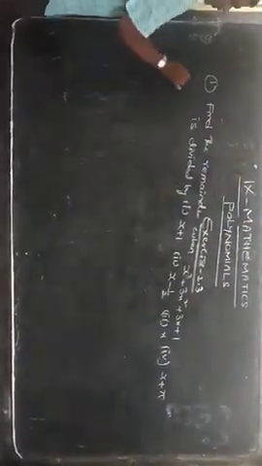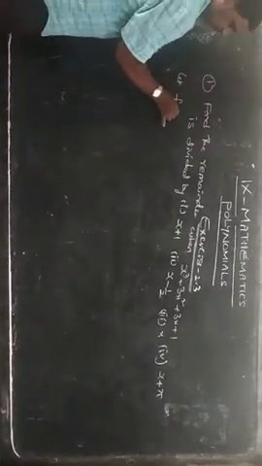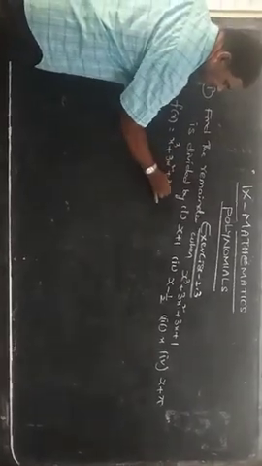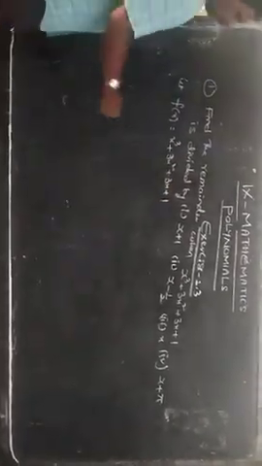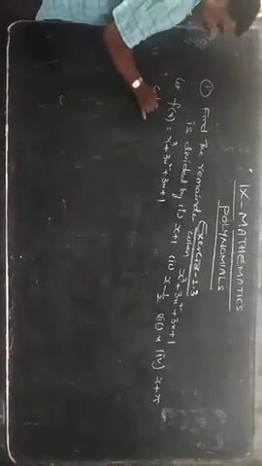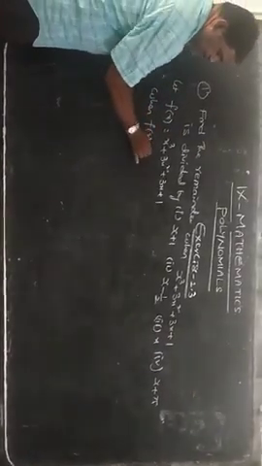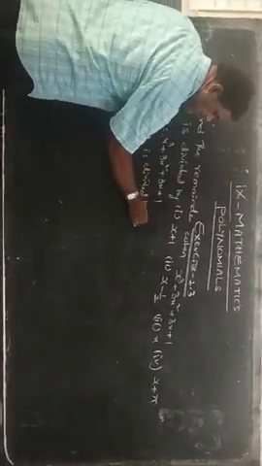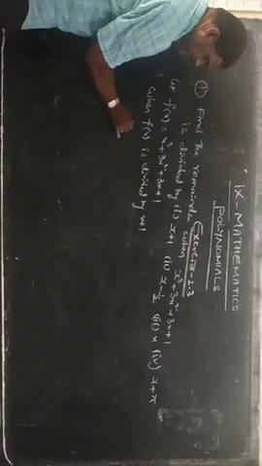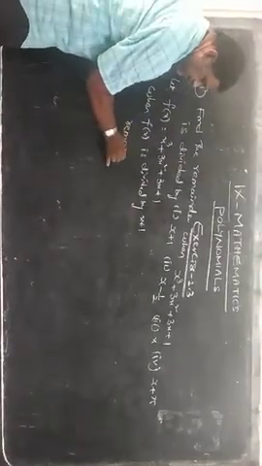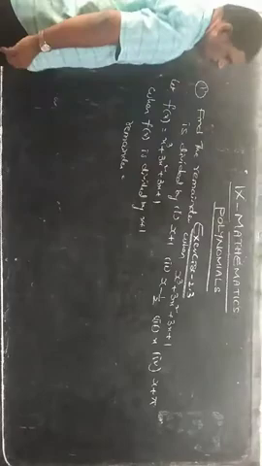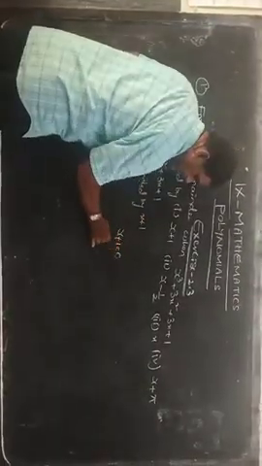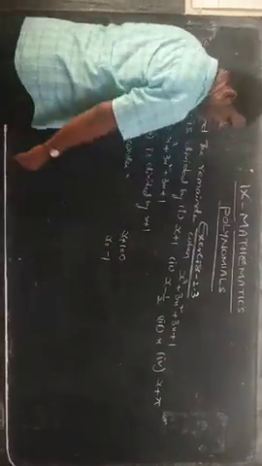So first we have to suppose the given expression as f of x. f of x is equal to x cube plus 3x square plus 3x plus 1. Now from the remainder theorem, when f of x is divided by x plus 1, the remainder is, so when divided by x plus 1 means x plus 1 equals 0, and the x value is minus 1.